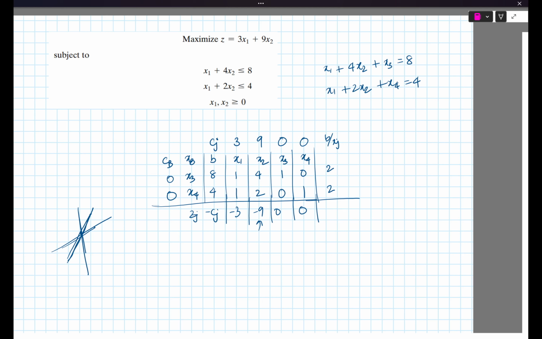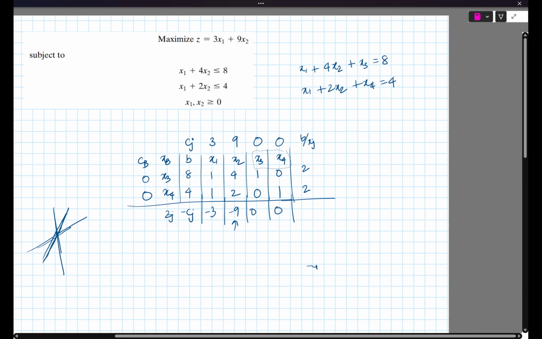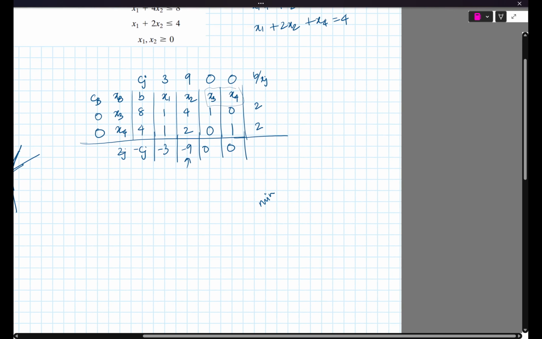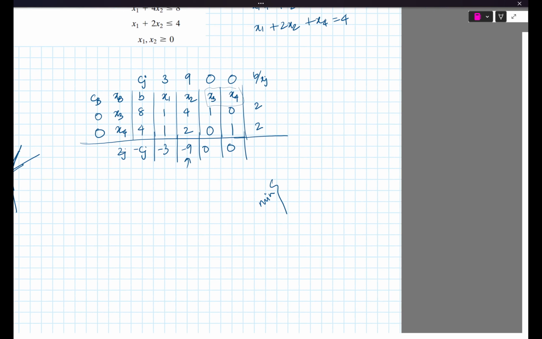So what you will be looking at is this BFS. You look at the min of what value?